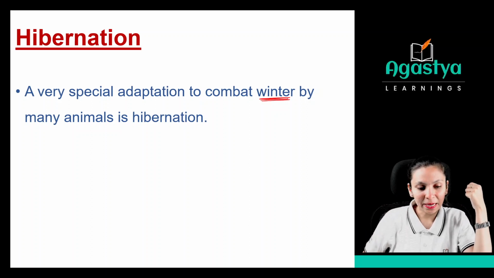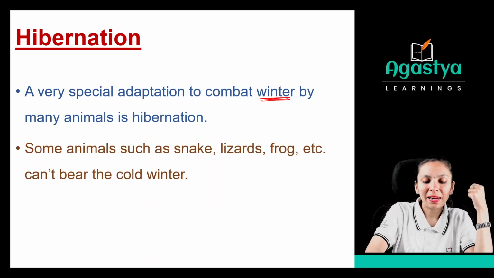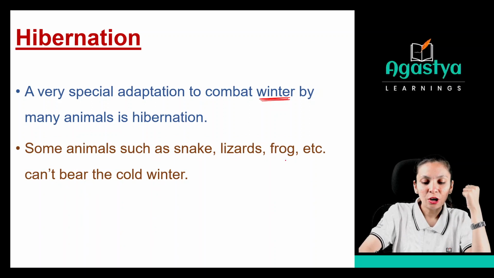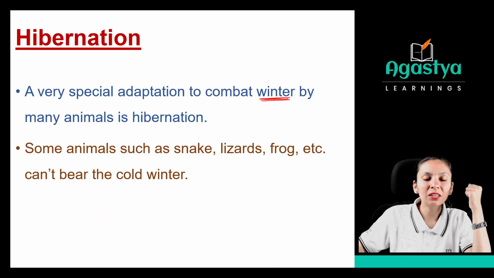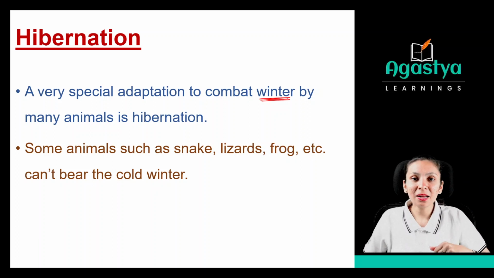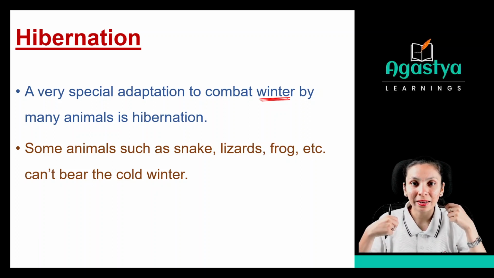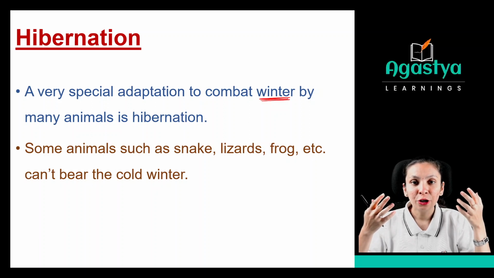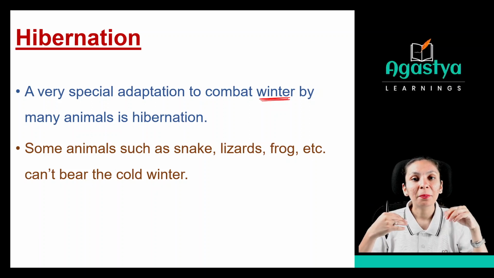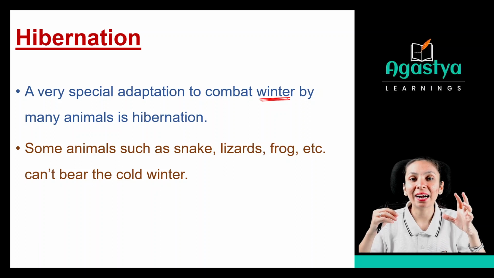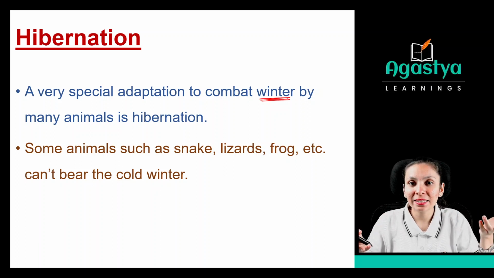So let us understand. See, some animals like snake, lizard, frog cannot bear the cold winter. We can bear the cold winter. Why? Because we are wearing jackets, sweaters, mufflers and all these things to protect ourselves from cold. But the frog, snake, lizard can't wear any kind of jackets or coats, right?